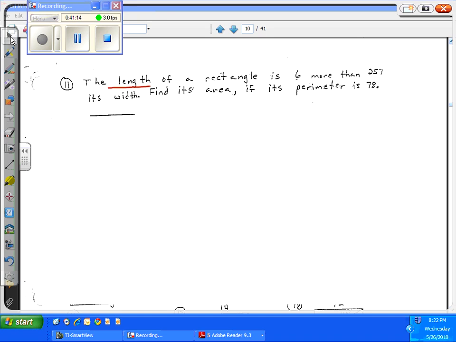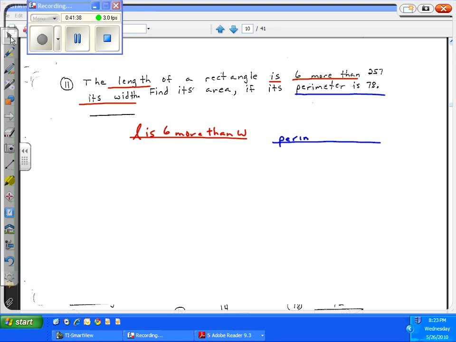It says length is 6 more than width. We know that that is a comparison between two characters. So we say L is 6 more than W. And then it says perimeter is 78, and that's a formula word.